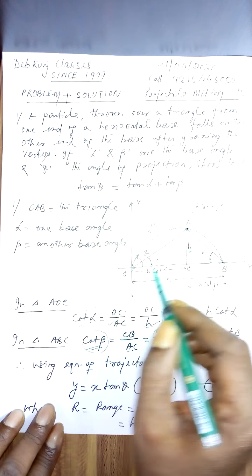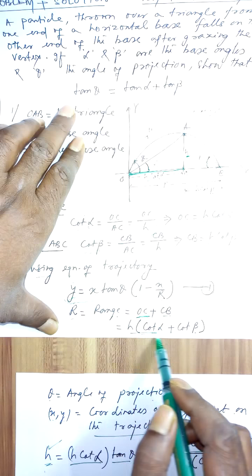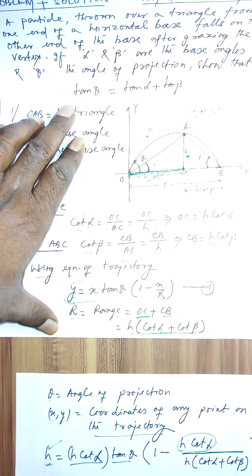For this point, x is equal to h cot alpha, tan theta, minus x value for the point A, x coordinate h cot alpha, over R, range of the projectile, that is from O to B, that is h cot alpha plus from here to here h cot beta, which I just explained as h times cot alpha plus cot beta.